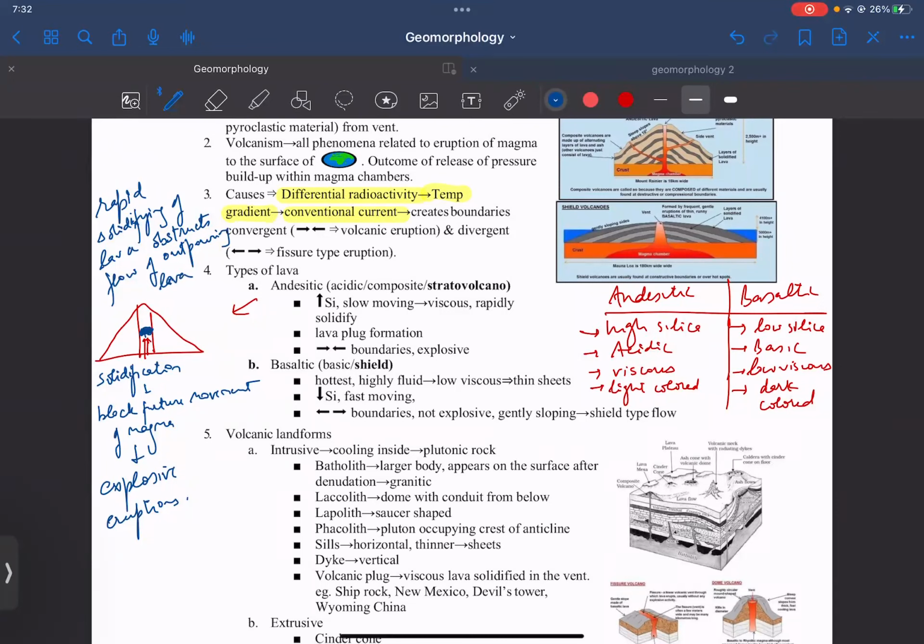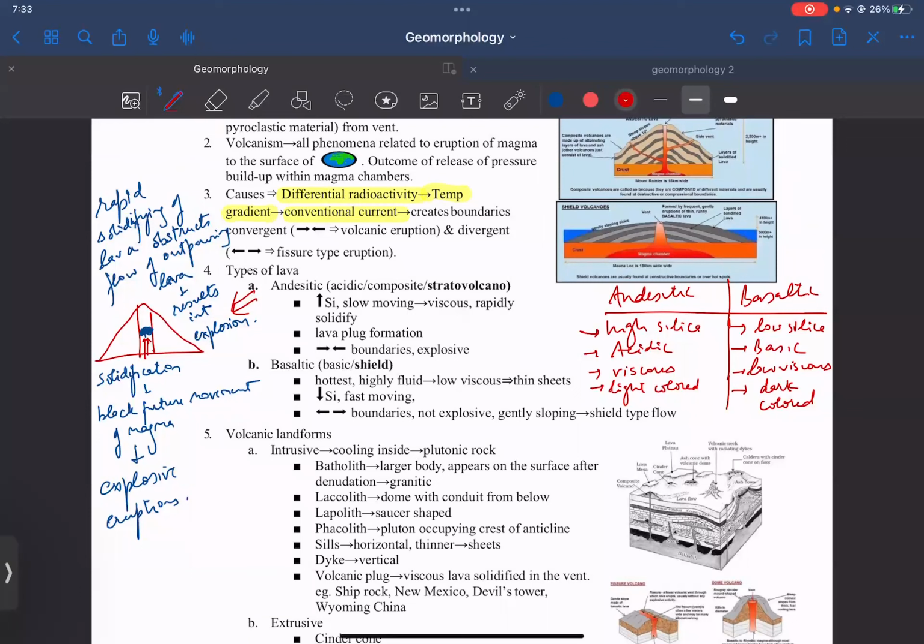So this results in explosive eruptions. I hope you're clear. This is found in case of andesitic lava. Keep this in mind. In case of basaltic, we don't find such issues because it is highly fluid, so it is able to move up to the surface of the earth and spreads on the surface of the earth.